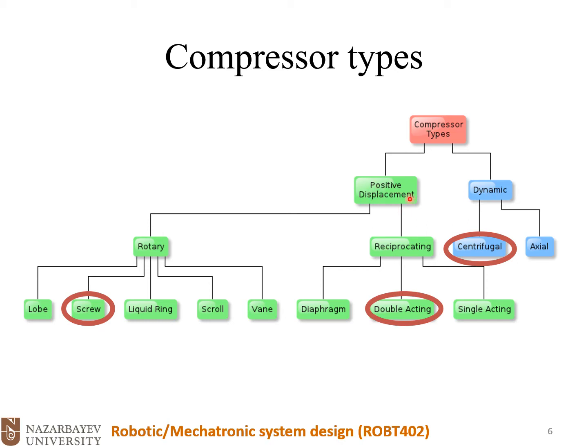For positive displacement, we have two main branches, rotary and reciprocating. Reciprocating ones are single acting, double acting, and diaphragm. Reciprocating ones are those like a cylinder and piston, the traditional one and the widely used one in small systems.